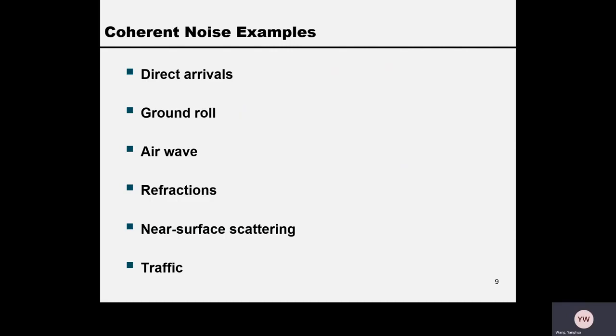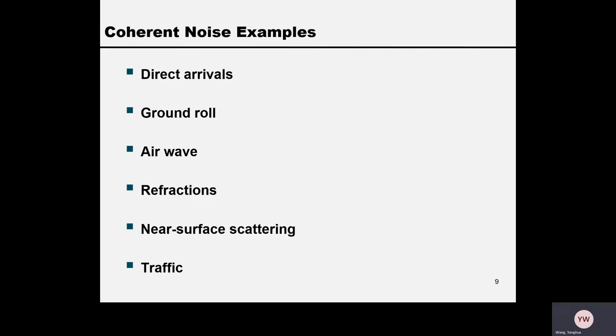Air waves are also a coherent noise. Reflection here, at the moment, we treat as a coherent noise because our purpose is to generate the subsurface reflection image. But sometimes reflections are useful information, for example, for static processing.